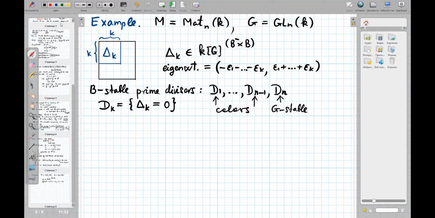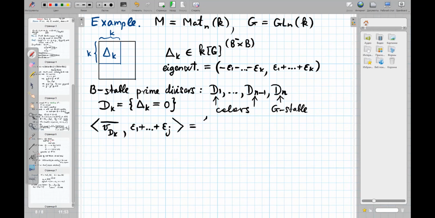Now, it is easy to see that the eigenweights of these delta K's generate the weight lattice of G. And if you look at the vectors corresponding to these B-stable prime divisors, these vectors v sub Dk bar, then their pairings with the eigenweights of delta K's, so their pairings with epsilon 1 plus etc. plus epsilon j, will be Kronecker deltas.